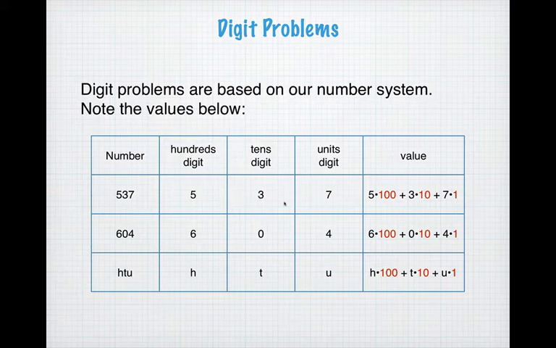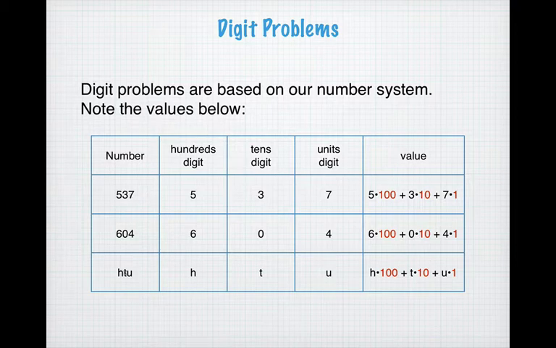Now that's not the actual value. The value of this number is 5 times 100, because it's the hundreds digit, plus 3 times 10, because it's a tens digit, plus 7 times 1, because it's the units digit. Add these together and you get 537.